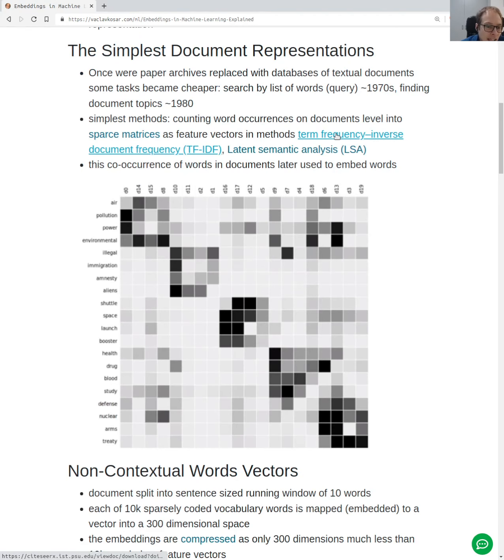on this link. For example, with sparse matrices you just count the occurrences of words in the document, and those create these feature vectors that are very, very high dimension, but I can still do some useful things with them. I can, for example, do term frequency, inverse document frequency, or latent semantic analysis.